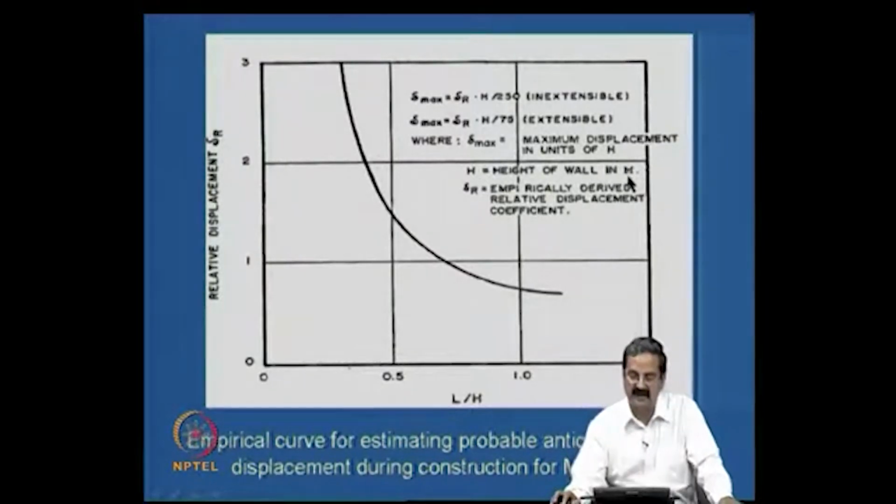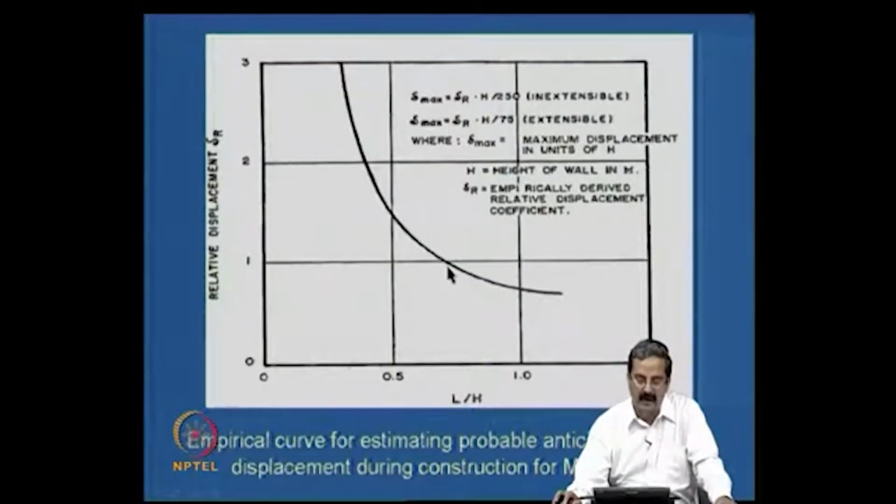For example, if 10 meters is the height of the wall, normally the L by H ratio will be about 0.7 or 0.65 or something like that. You have seen the other day, 6 meters is the length of the reinforcement, 6 divided by 8 will be 0.75.